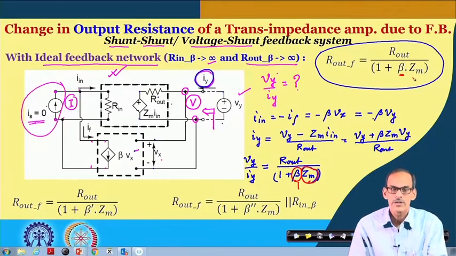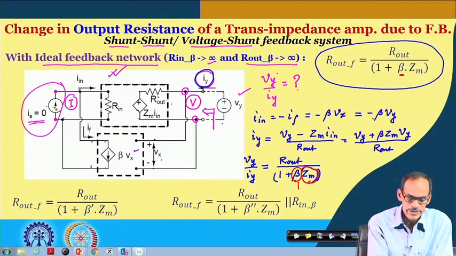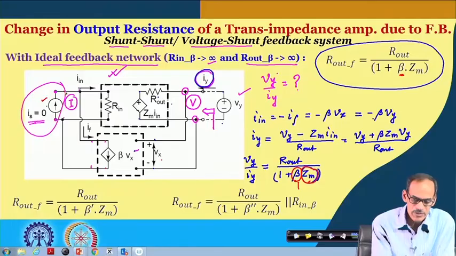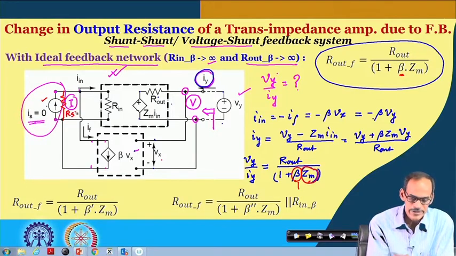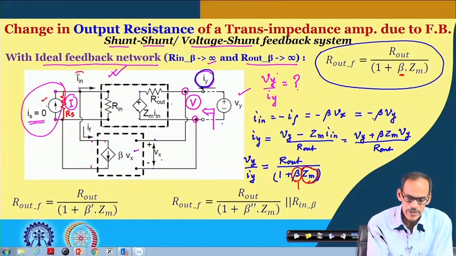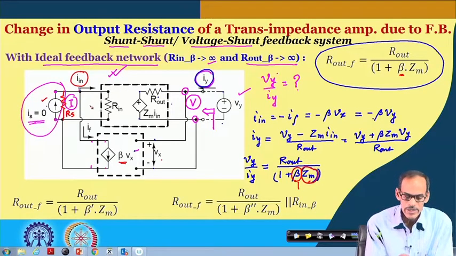Now, let us consider the non-ideal situations one at a time, or let us introduce them one by one. To start with, if we consider that the signal source has finite conductance, that means if I consider some finite R s, then the current I in is not the same as beta into V x, but it will have a current division.